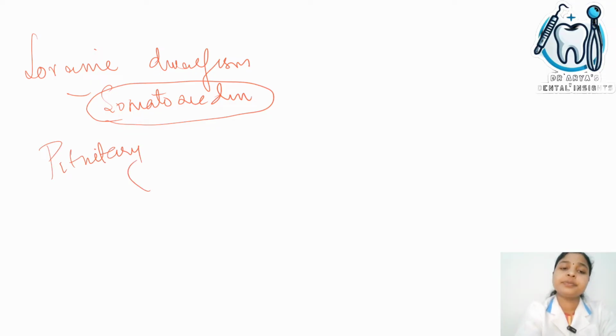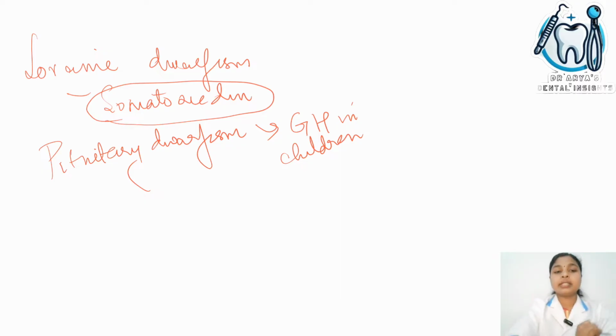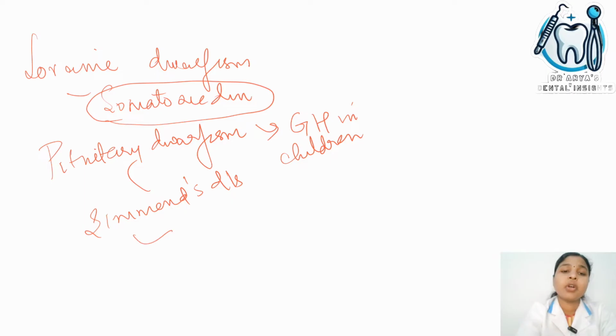So Lorraine dwarfism is due to the deficiency of somatomedin, and the pituitary dwarfism is due to the deficiency of growth hormone in children. Okay. Then coming to the Simon's disease, it is due to hyposecretion of all anterior pituitary hormones.